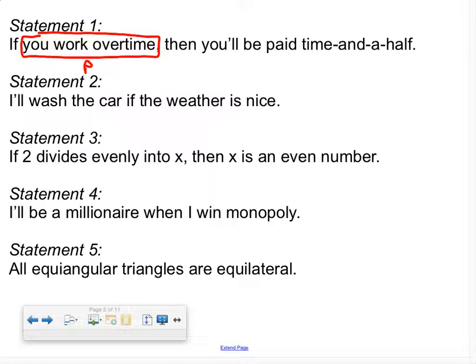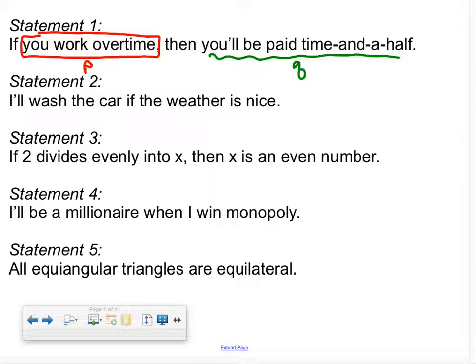The conclusion, you'll be paid time and a half, which came after the then, is the conclusion. Notice that I didn't box in the if or the then, and I didn't underline the then as well, because those aren't actually part of the hypothesis and conclusion.